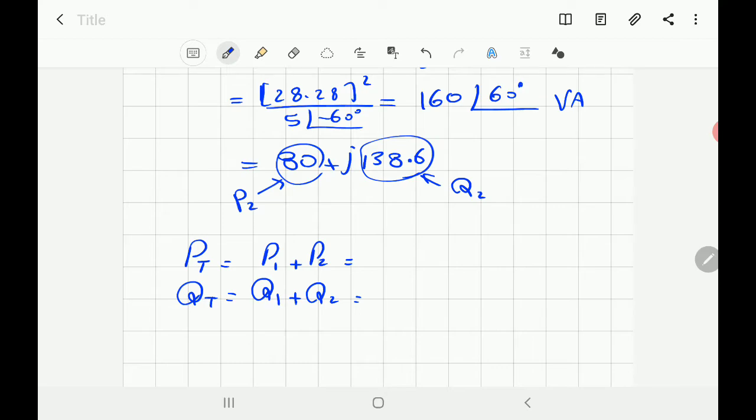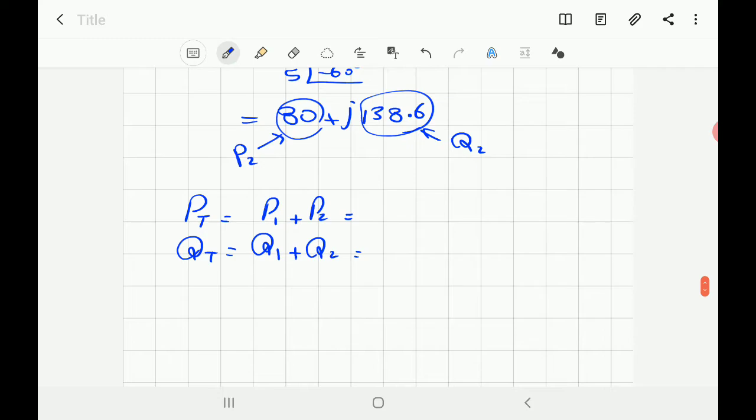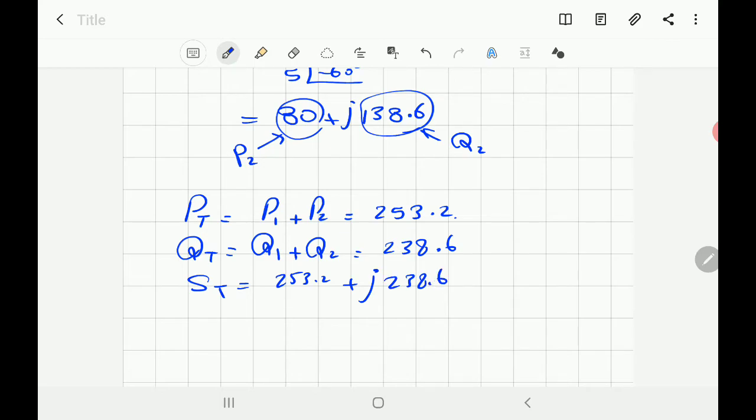So when we add these two values, we'll find that the total power will be equal to 253.2, and the total reactive power is equal to 238.6. So S total will be equal to P total, 253.2, plus j238.6.